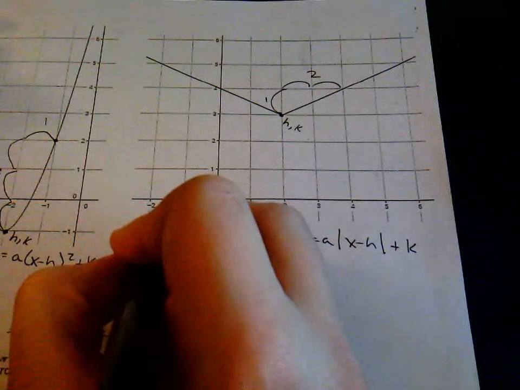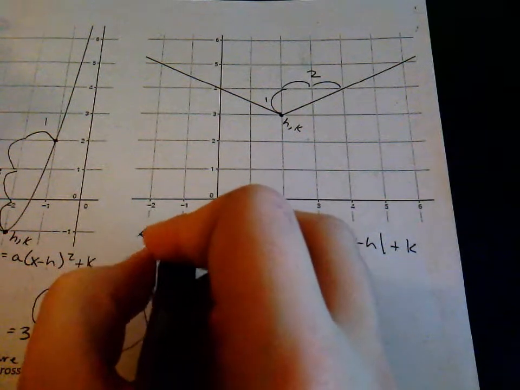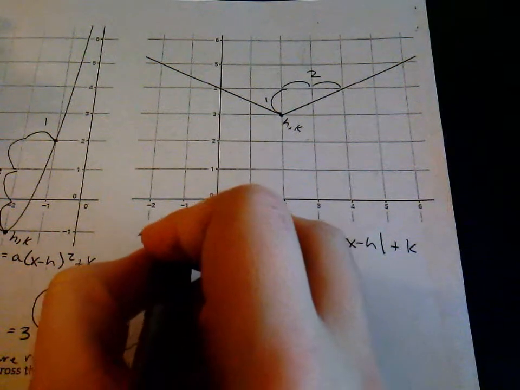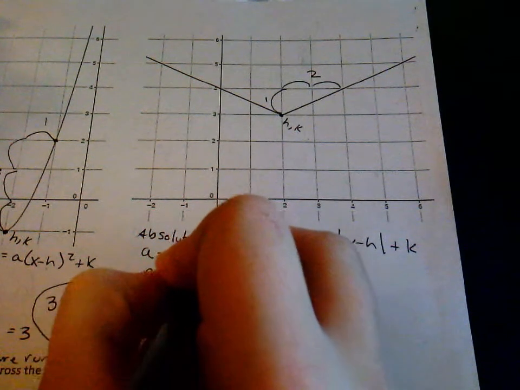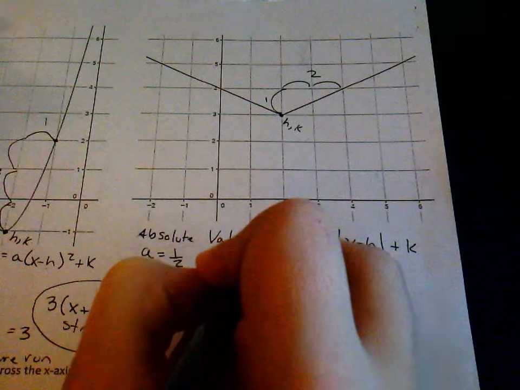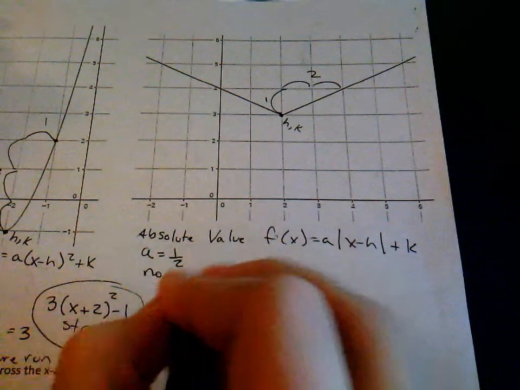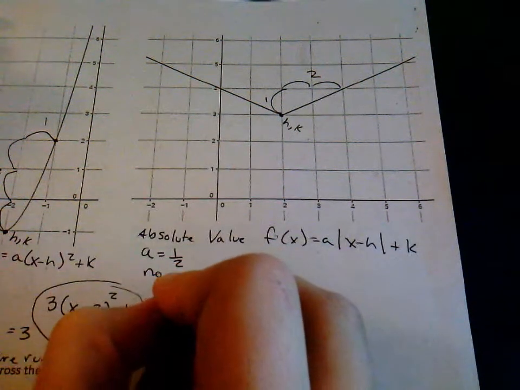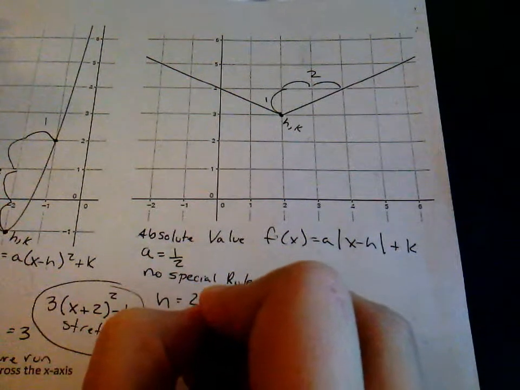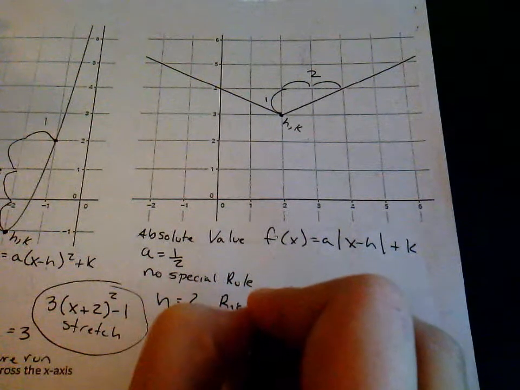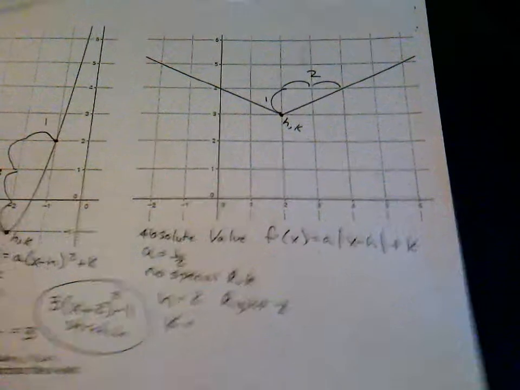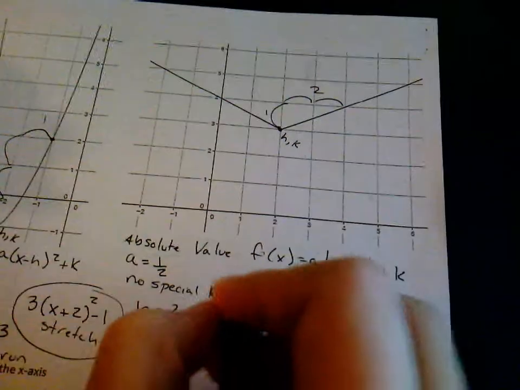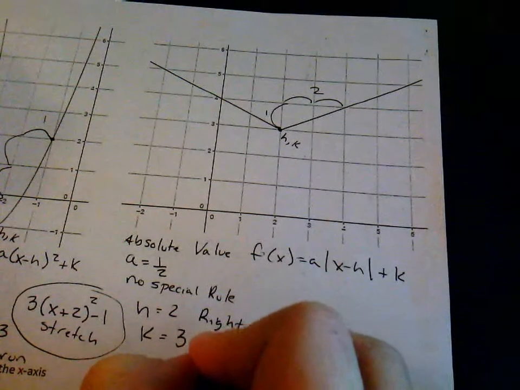So our a equals 1 over 2. No special rule. H equals 2, so write 2. Our k equals 3, so it is up 3.